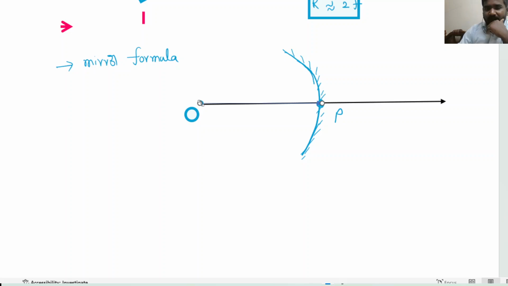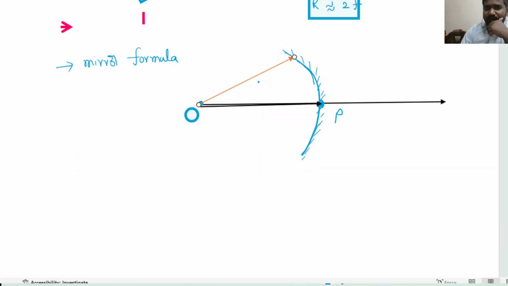One light ray along the principal axis, and one more light ray makes a certain angle with the principal axis, like this. So that is one more light ray which is incident on the mirror.